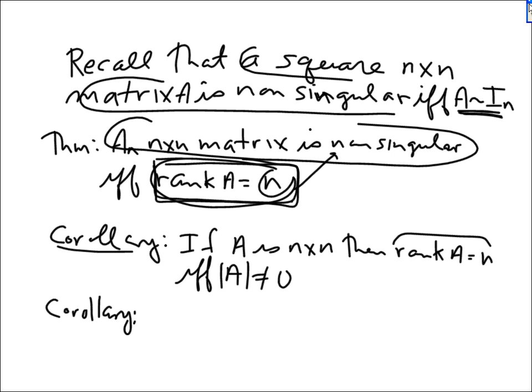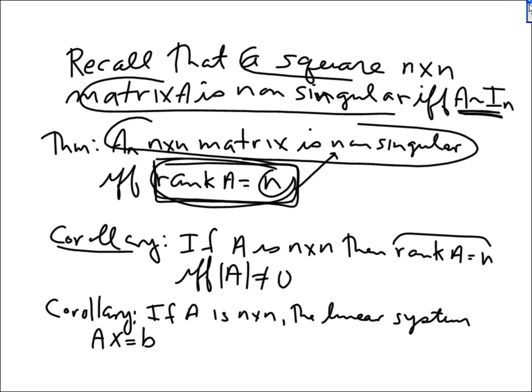Another corollary. If A is n by n, the linear system AX equals B has a unique solution.